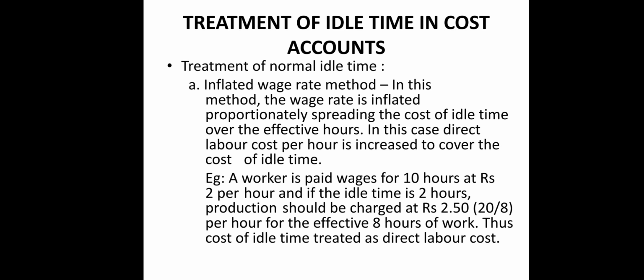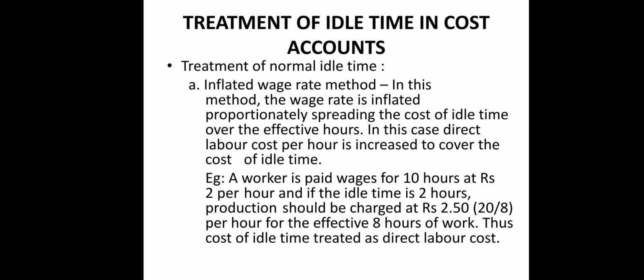Why 2.50? That is 10 into 2, the total hours worked into the time rate, which is the time based rate. Okay, and you will get 20. But this 20 you will not divide by 10 anymore, you will divide it by 8, because the effective working hours is only 8. All right.